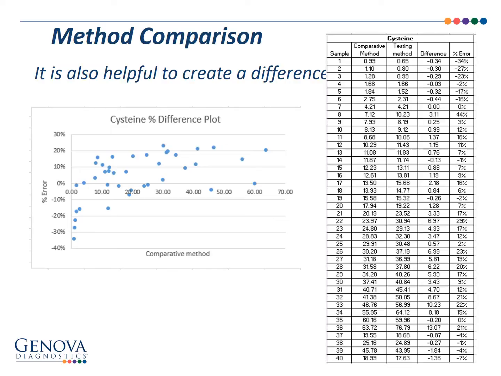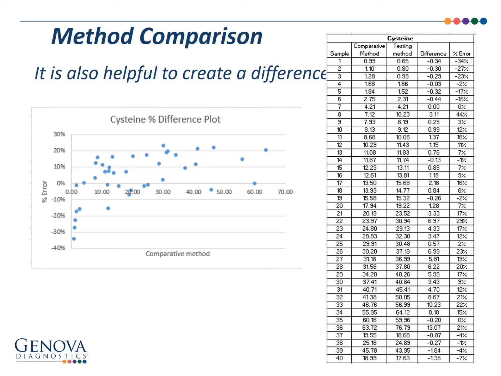You can see in this method, at the very low concentrations, we're getting negative percent errors, and actually pretty high negative percent errors. But somewhere around a concentration of 3 or 4, maybe 5, it flips. From about 5 and greater, the concentrations typically have errors on the positive side, somewhere around positive 10 maybe. So this is showing what this assay is doing.